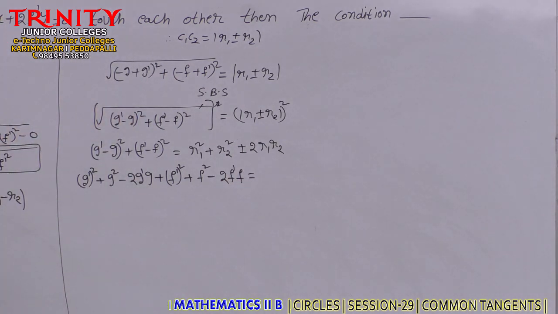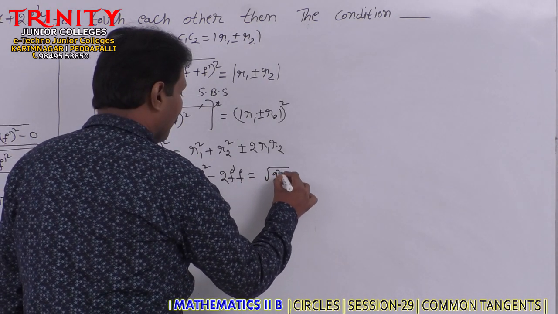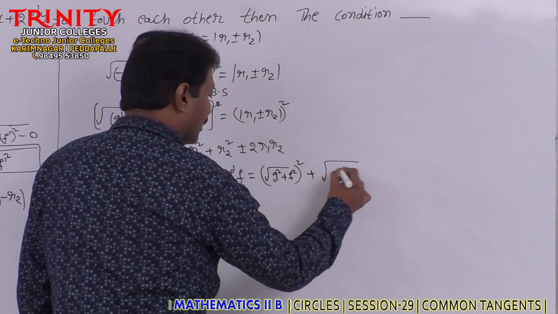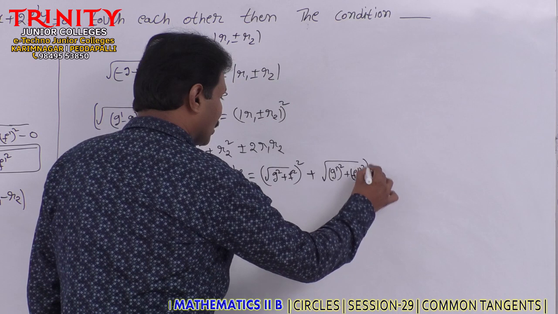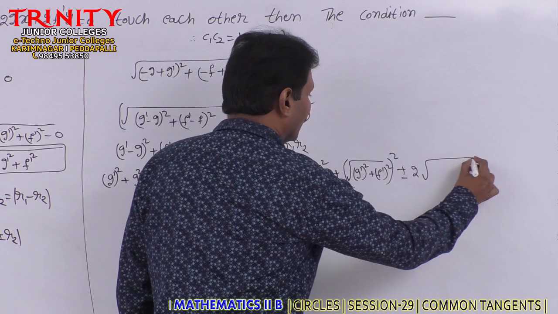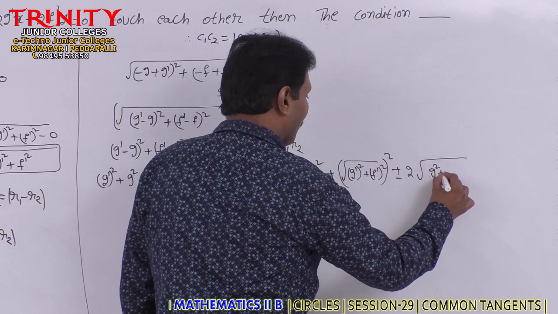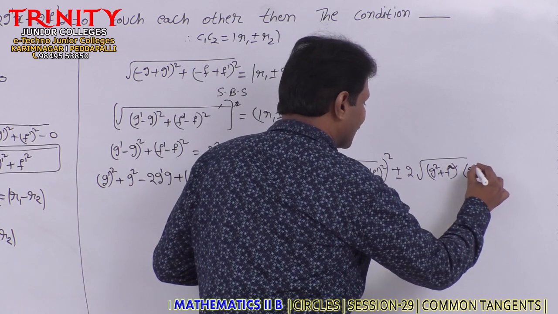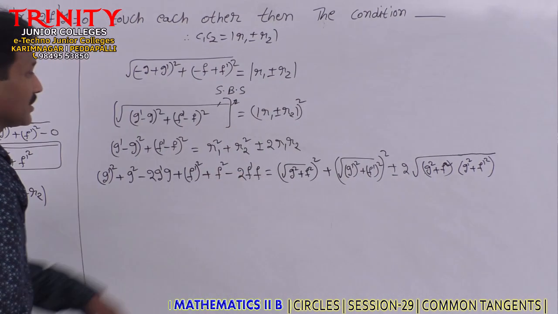r1 square, where r1 equal to square root of g square plus f square, whole square, plus r2 square, where r2 is square root of g dash square plus f dash square, total whole square, plus or minus 2 r1 r2. Here r1 means g square plus f square, r2 equal to g dash square plus f dash square.